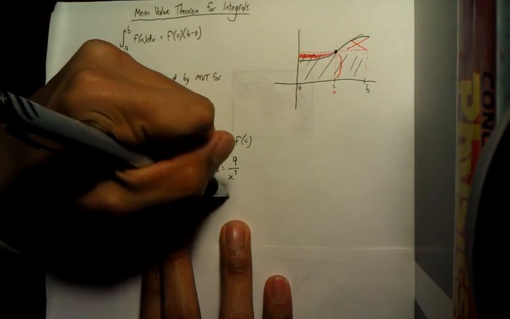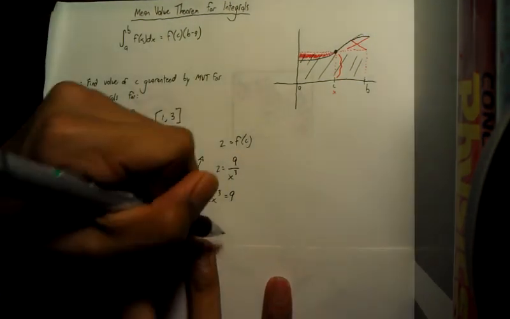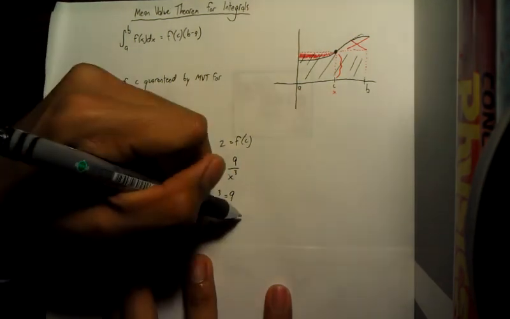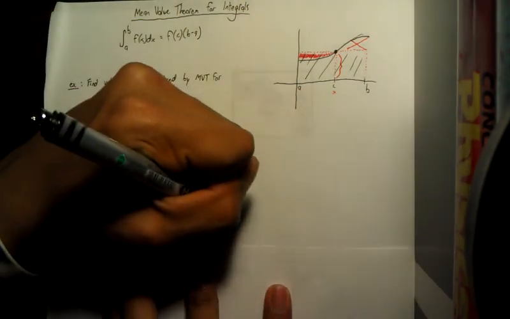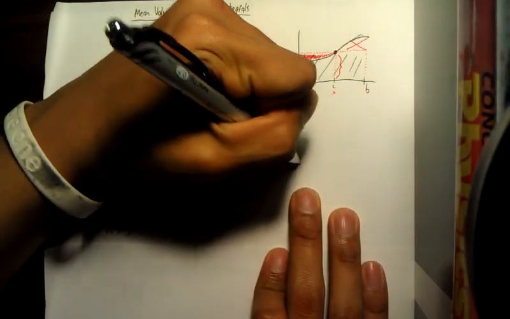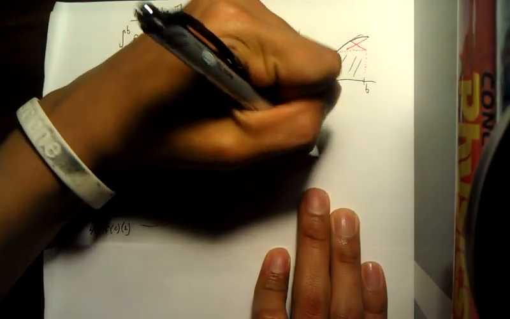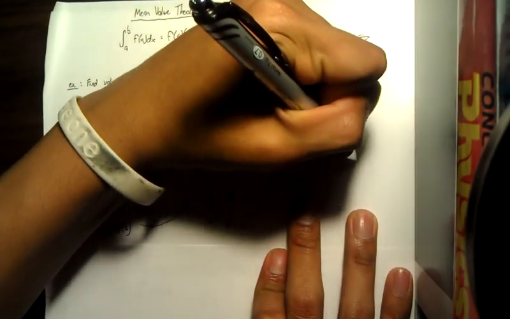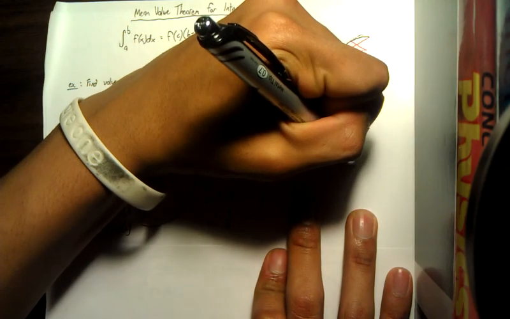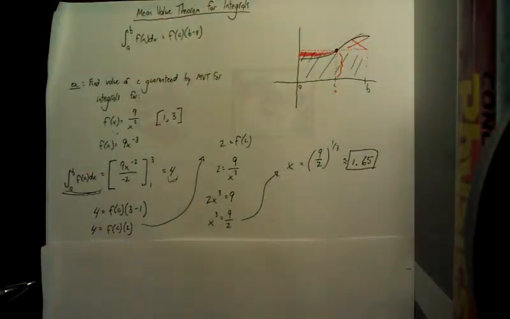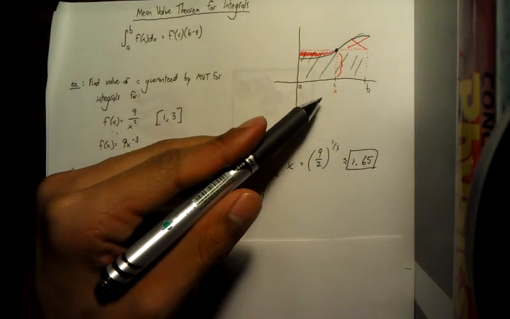Multiply by x to the third on both sides, divide by 2, raise each side to the 1/3 power, and it's approximately 1.65. And that's your c value.